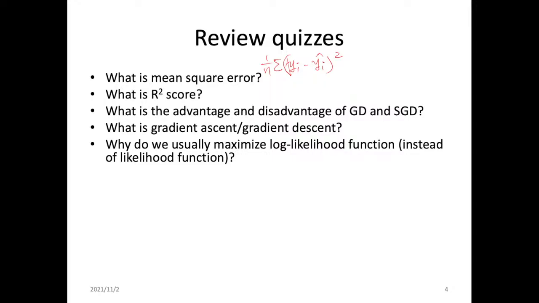So we use the log likelihood function because then we turn the multiplication of many small numbers into the summation of many small numbers. And adding many small numbers does not really cause underflow, but multiplying many small numbers will underflow. So that's probably a major reason to use the log likelihood function instead of the likelihood function.